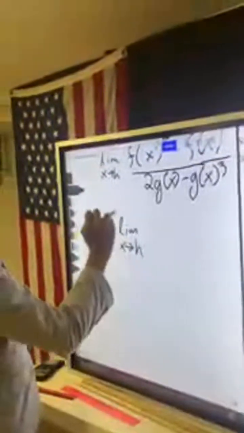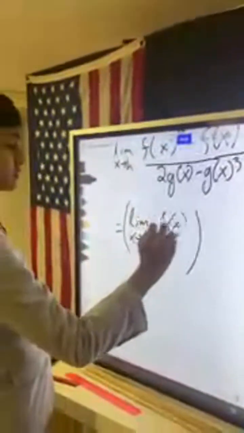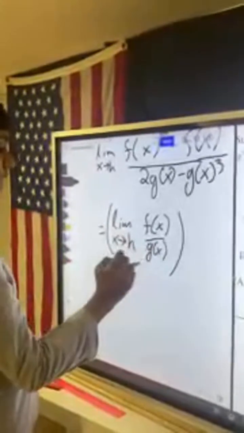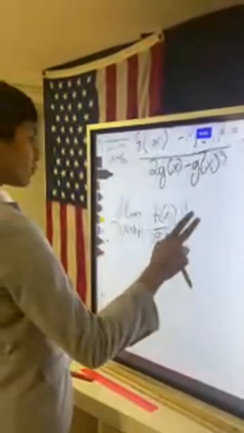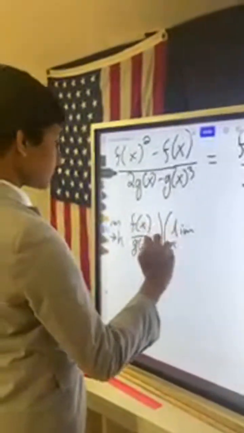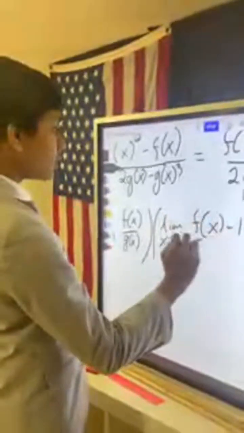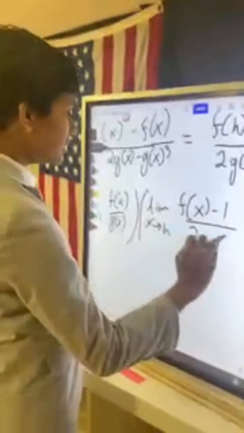Now, of course, a first approach we can take here is to just factor out f of x over g of x. And we're then left with what? f of x minus 1 over 2 minus g of x squared.